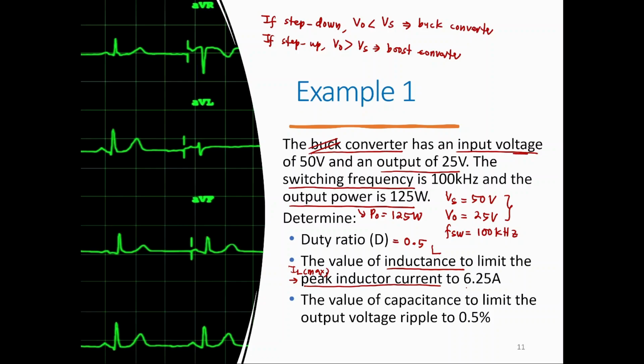Then the value for the capacitor, given that your output voltage ripple is 0.5%, the value of your capacitor that you will get is 25 microfarad. So these are the final answers. Make sure you give a try, and next week I will call one or two of you to do the solution.